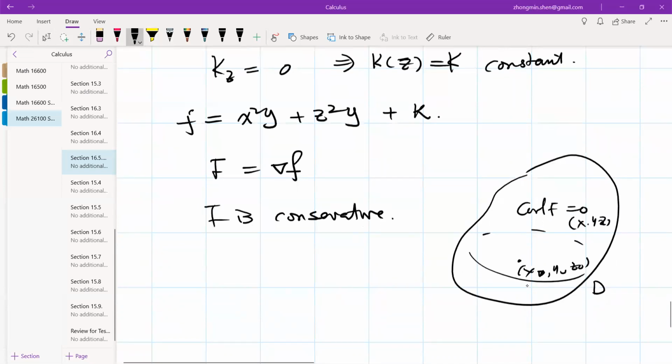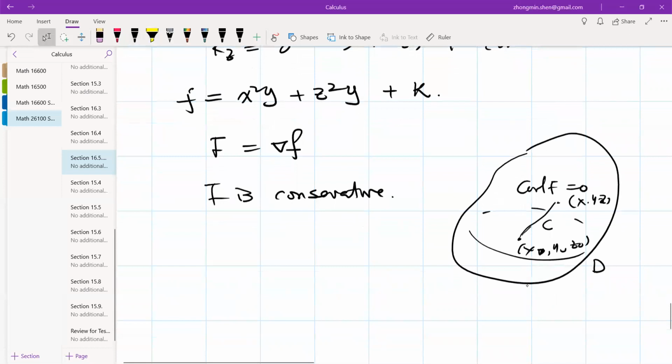If you use an arbitrary curve path, then as long as the domain is connected, that's enough. The problem is, how do you know the line integral is independent of the choice of a particular path between these 2 points?